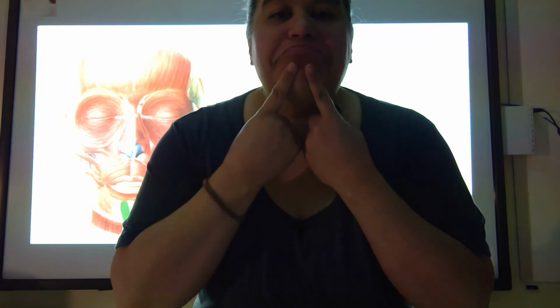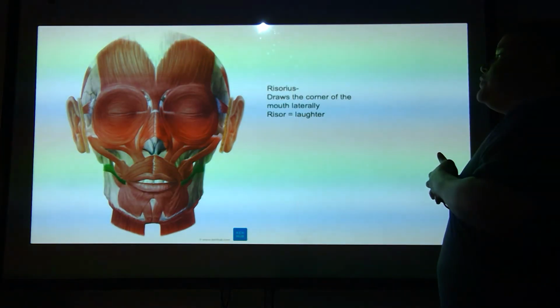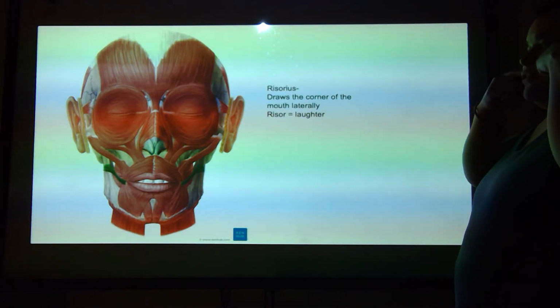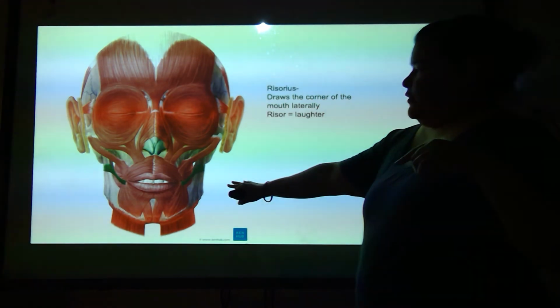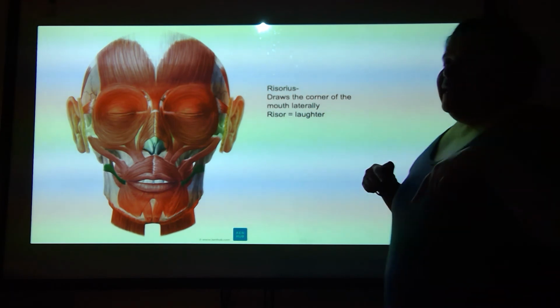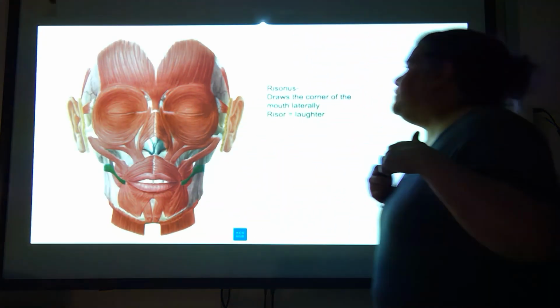See how it allows you to pout? The Oris, toward the sides of your lips, the corners of your lips. This draws the corner of your mouth laterally, like when you're laughing, that pull to the side.